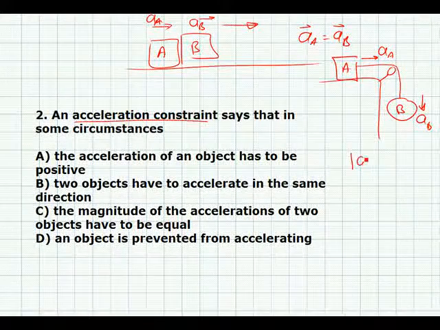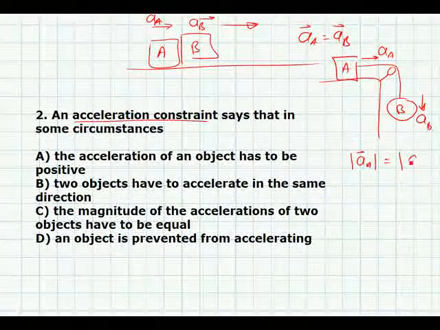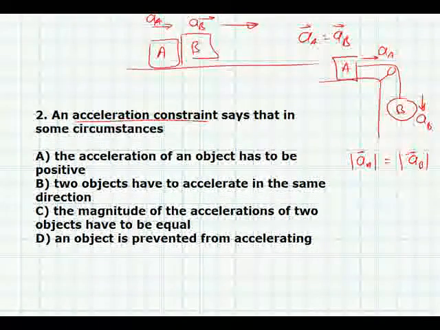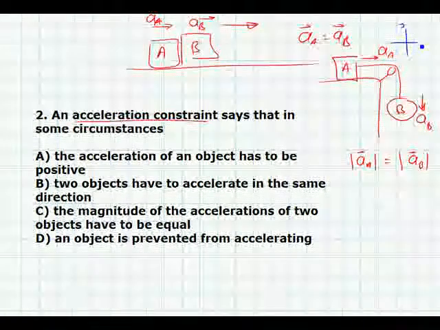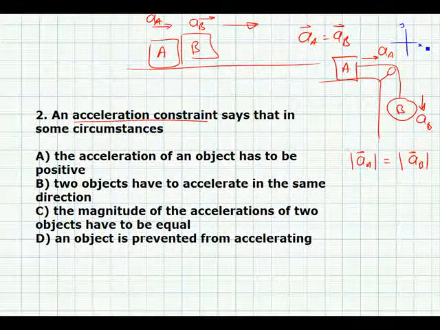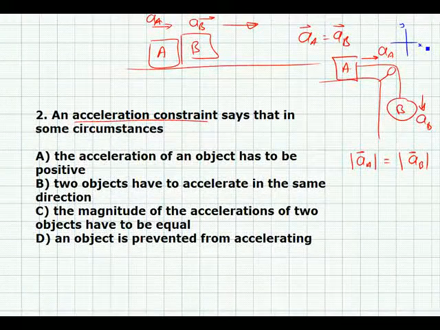So even though the magnitude of a_A is equal to the magnitude of a_B in this case, depending on your choice of xy coordinate systems, the directions aren't the same, and you may also have one being the negative of the other.